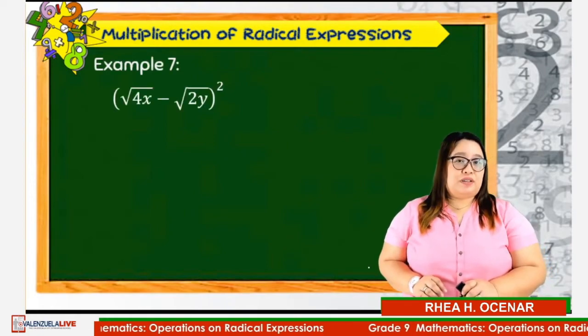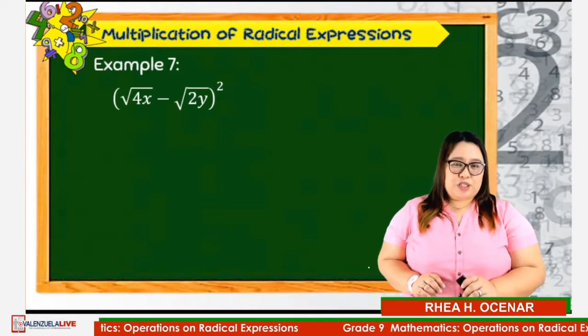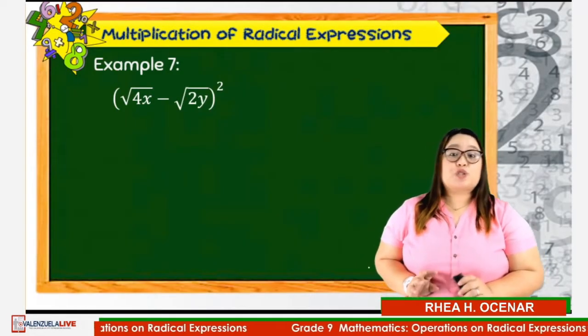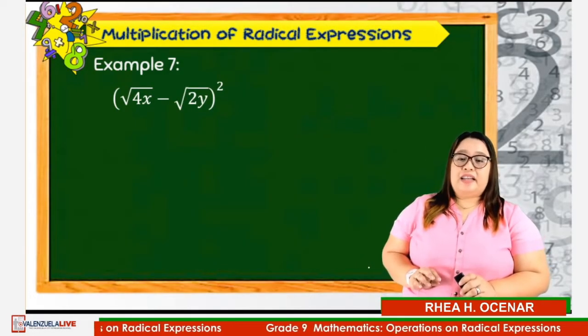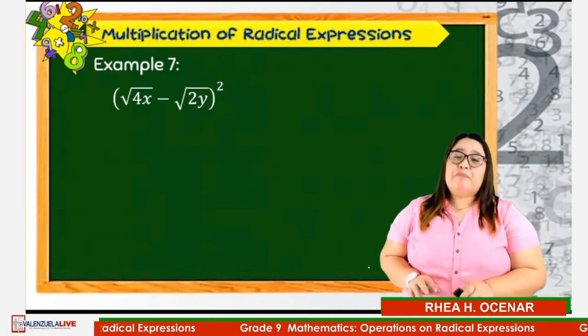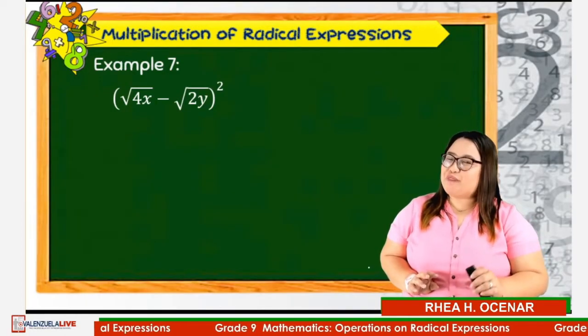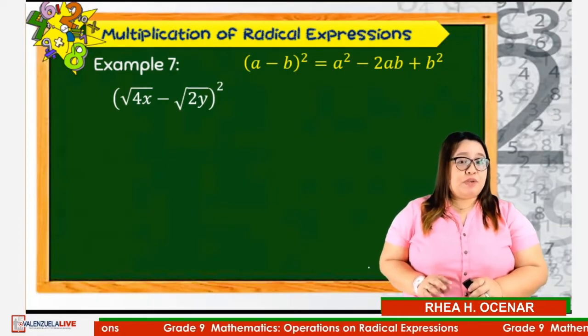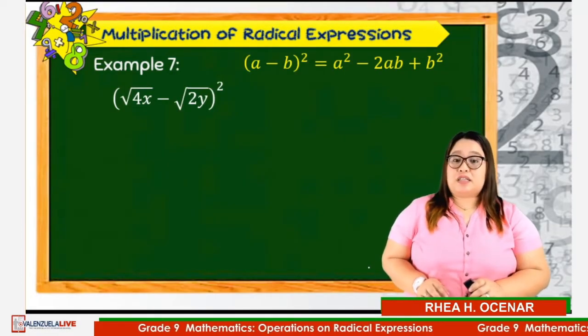Next example. The quantity square root of 4x minus square root of 2y squared. Again, it is an example of a square of a binomial, but this time, the operation between the two radicals is subtraction.